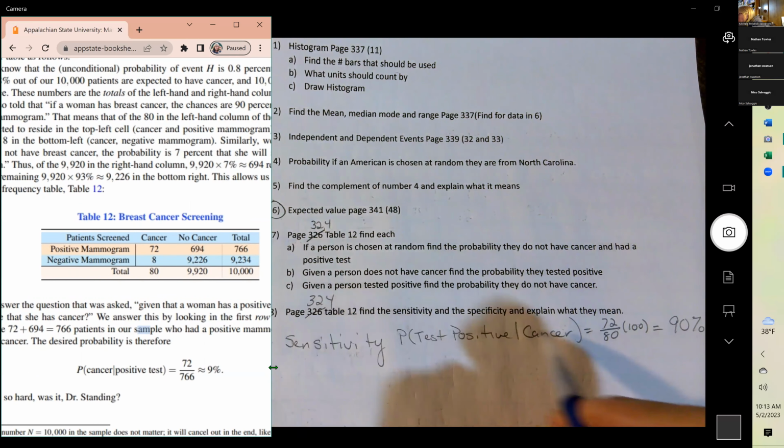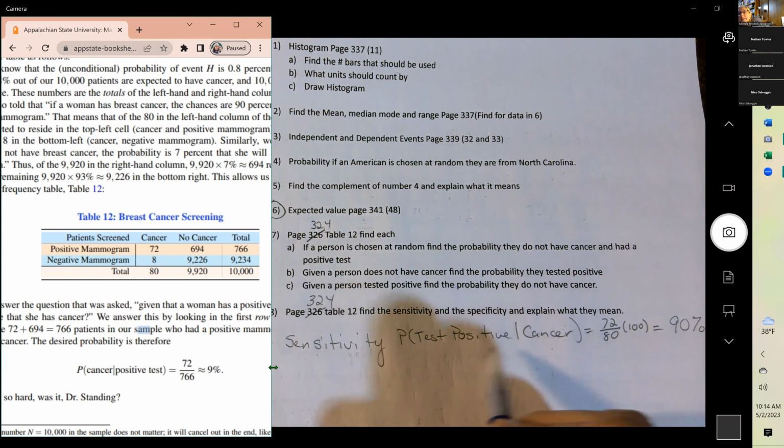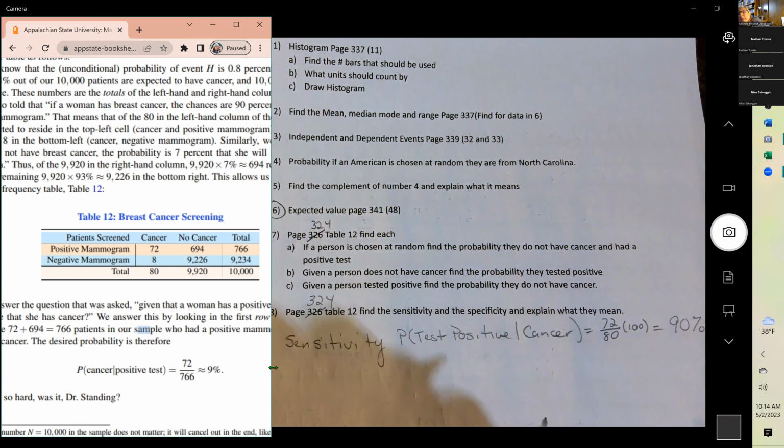What that means is if you have cancer and you go to take the test, 90% of the time it will be accurate. You will test positive.